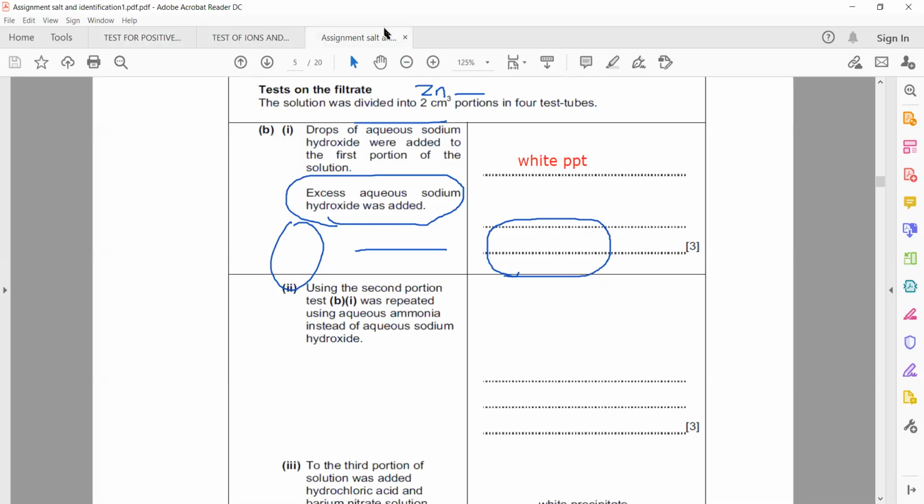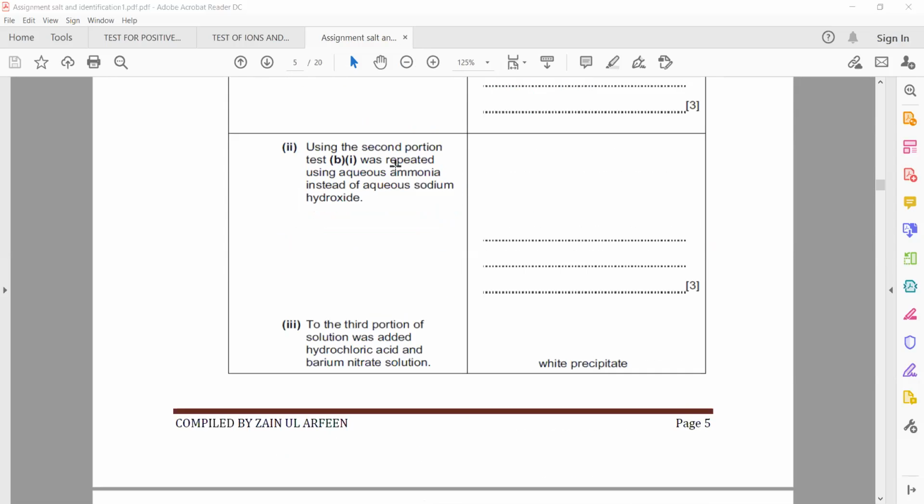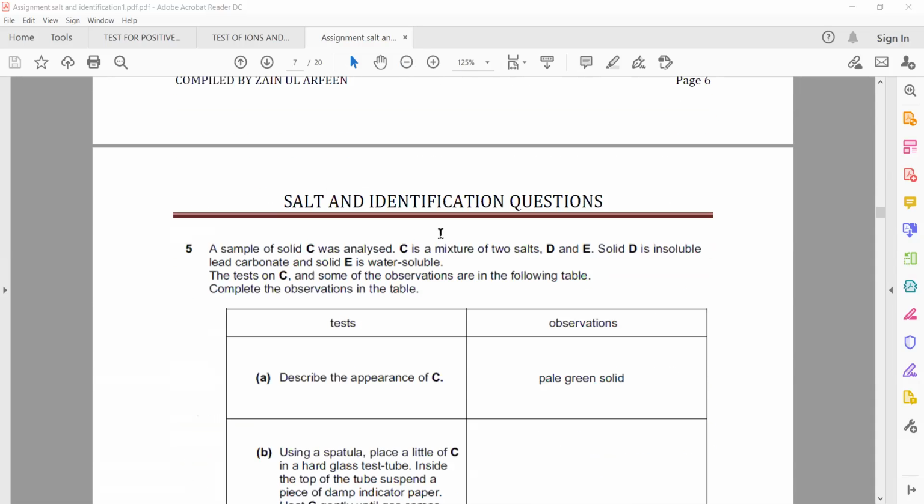You will write the PPT or precipitate dissolves, or the white PPT dissolves, and forms a colorless solution. Is the idea clear of how the question will be in the exam to identify these ions? Another example I will give.